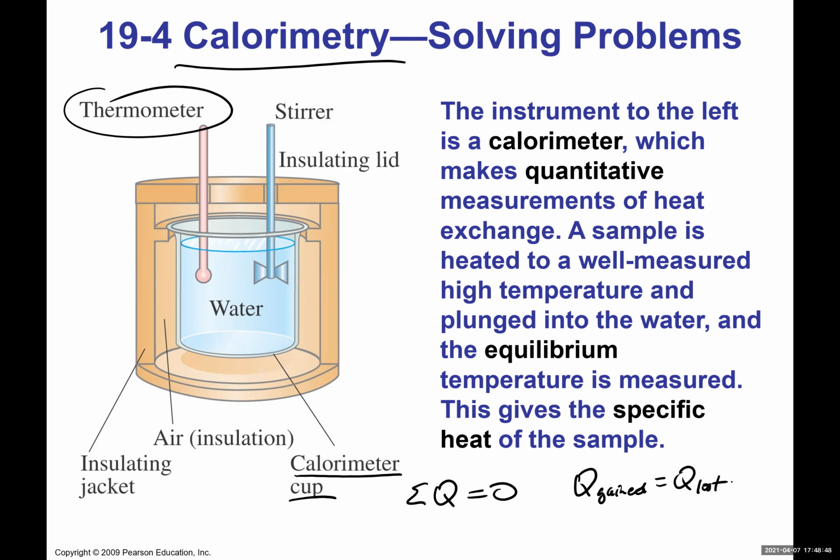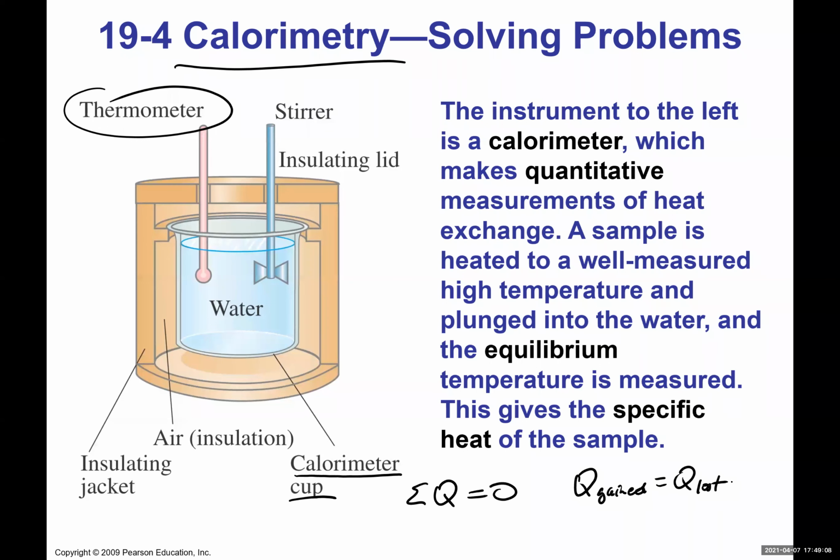Which one will lose heat? The water, because it was warmer. Which one will gain heat? The cup, because it was a little bit cooler. The idea here is that eventually your system will reach equilibrium. So you put the water inside this calorimeter.